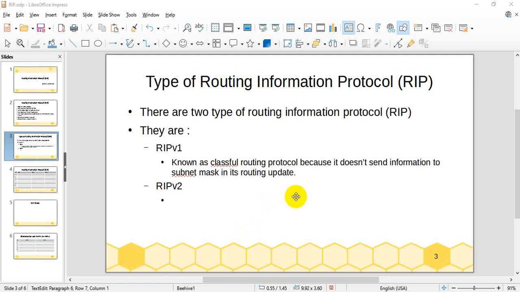RIP version 2 is also known as a classless routing protocol, because it sends the information of subnet mask in its routing updates. And this is the difference.